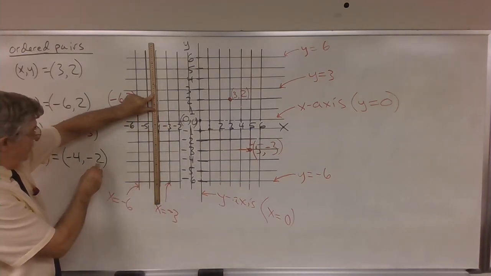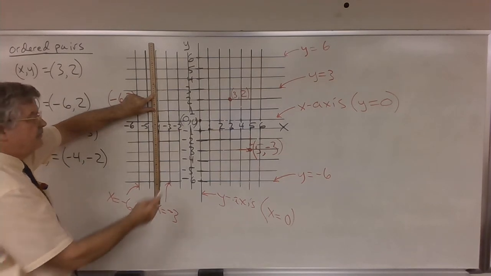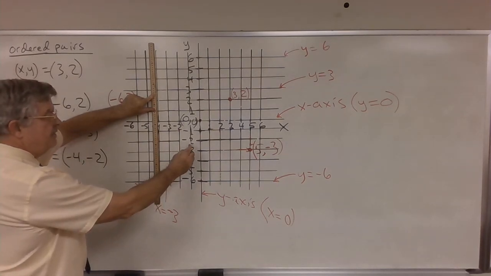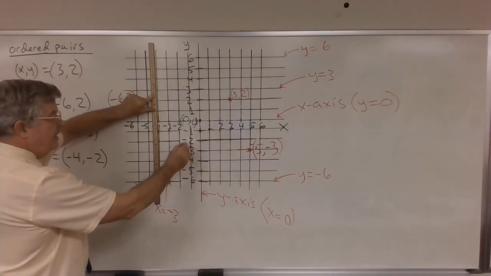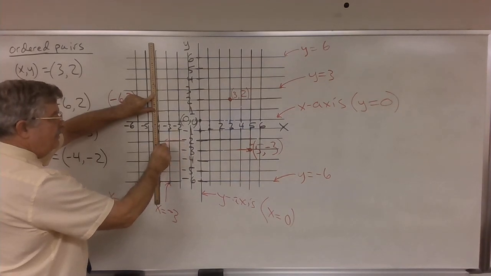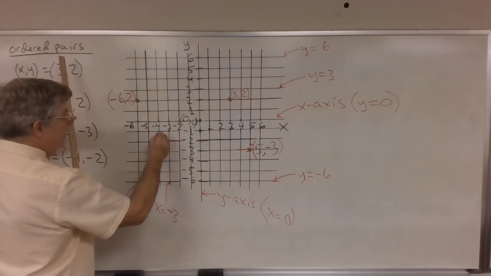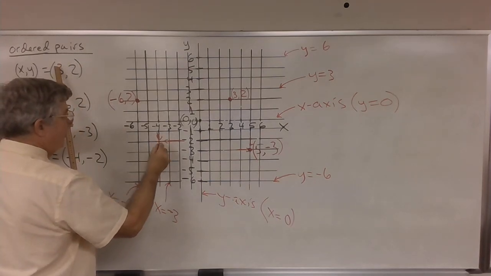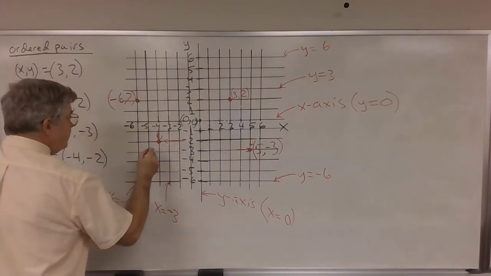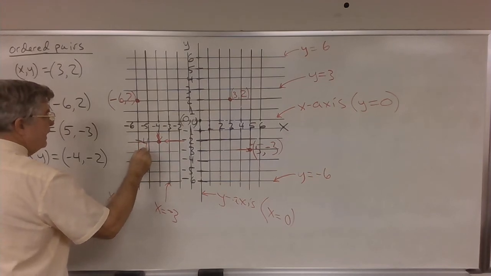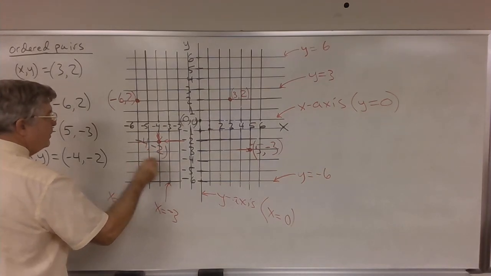We also want y equal -2. So we find -2 on the y-axis, and we go horizontally until we meet x equal -4. Here's x equal -4. And this point, x equal -4, y equal -2.